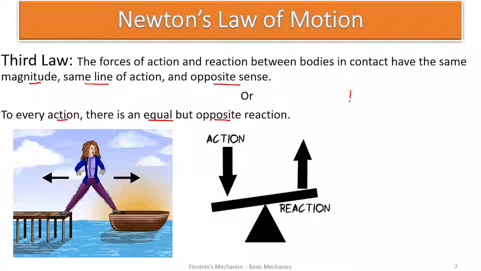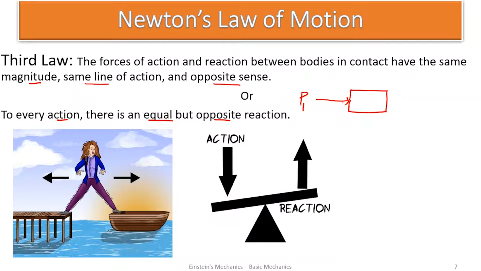Let's look at this block before I use the images to explain. I have this block and I am applying a certain force, P1. Newton is saying that anytime I apply a force P here, there is going to be an equal force opposing the motion of this force, in the opposite sense, meaning in the opposite direction.